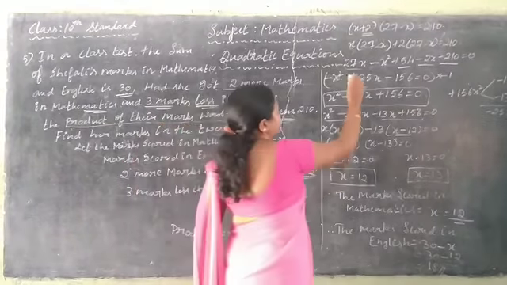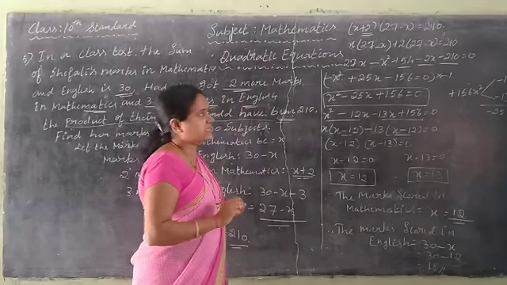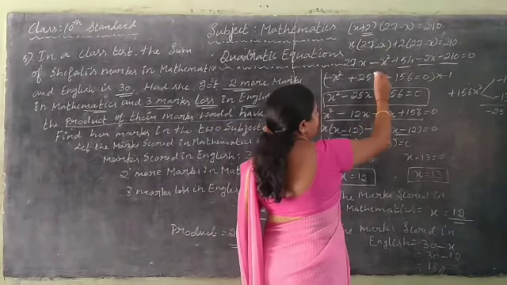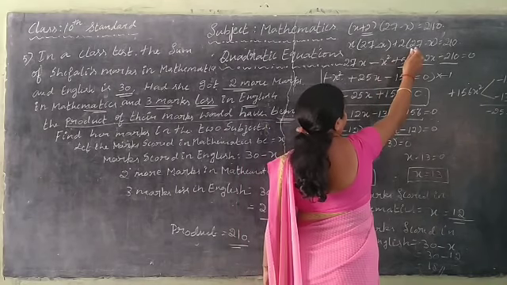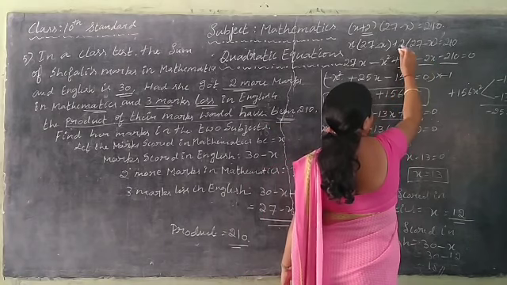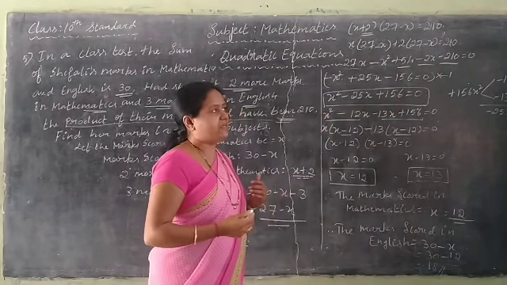Then see here, 27 into x, you will get 27x. Minus as it is, x into x is x square, plus 27 into 2 is 54, children. Minus, then 2 into x is 2x. Then what is there on the right hand side? 210 is there.